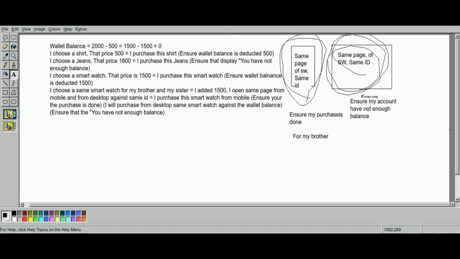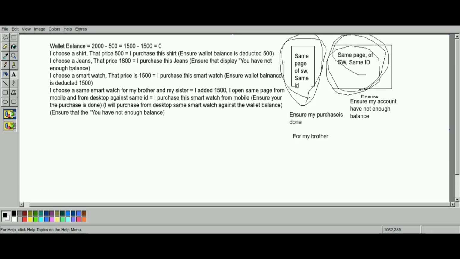Criteria is when I add balance one time and buy two products, not one product, against one-time balance, that time it should not work properly.